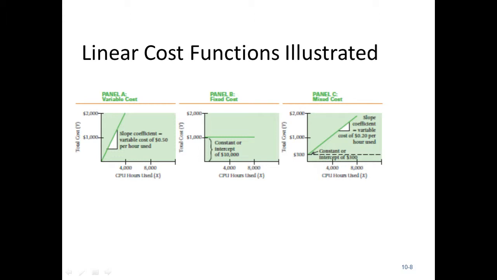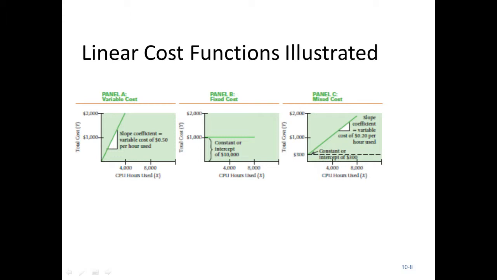Again, we can see that under panel A with the variable cost, we have a line with a slope on it. The slope ends up being the variable cost, and the steepness of that slope is determined by multiple factors we'll talk about later. In B, we have the fixed cost, and as you'll see, the fixed cost doesn't intercept the total cost line at 0 like the variable cost does, because by definition fixed costs are fixed.